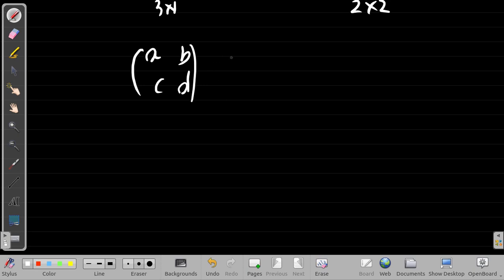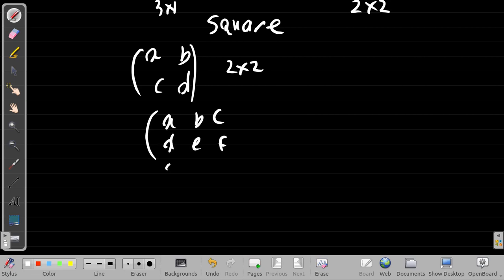So it's a square matrix. 2 rows, the row tells how high it is. 2 columns, how wide. It's a 2 by 2. You call this a square matrix. If you have A, B, C, D, E, F, G, H, I, you have a 3 by 3 matrix. Another square matrix.